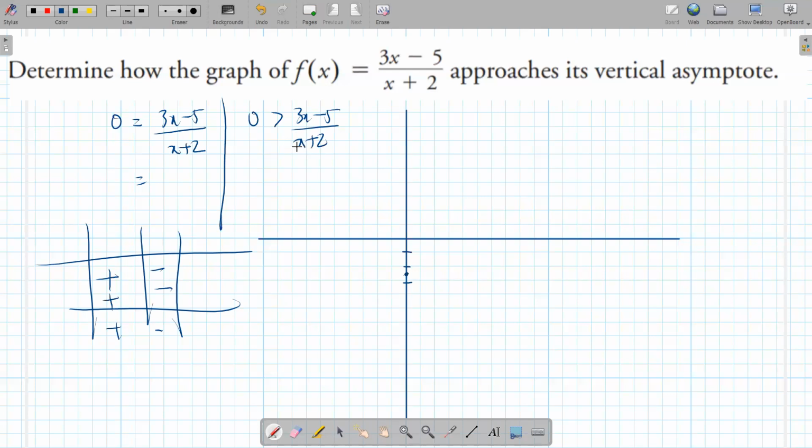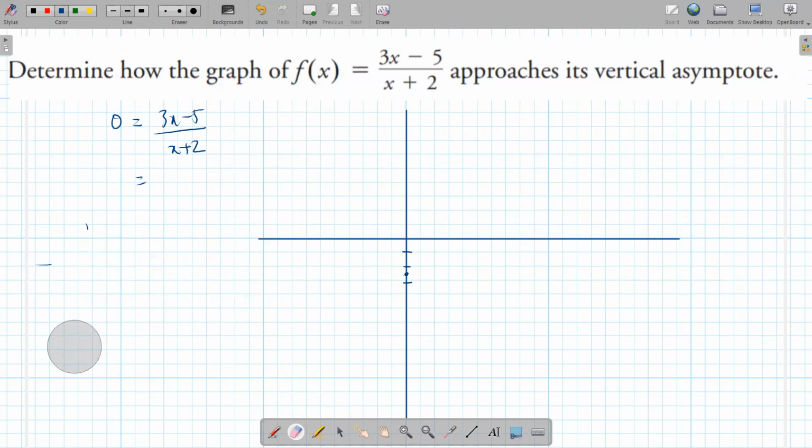In this, you cannot multiply both sides by x plus 2 because x plus 2 could be a negative number, and if you multiply by a negative number, the sign flips. So when you're doing inequalities, you're not allowed to multiply both sides by x plus 2. To do this, you're going to have to make a sign chart. But here it's an equation, so we are allowed to multiply both sides by x plus 2.